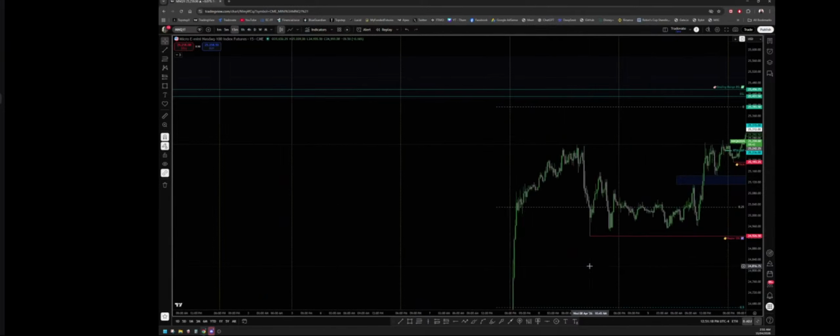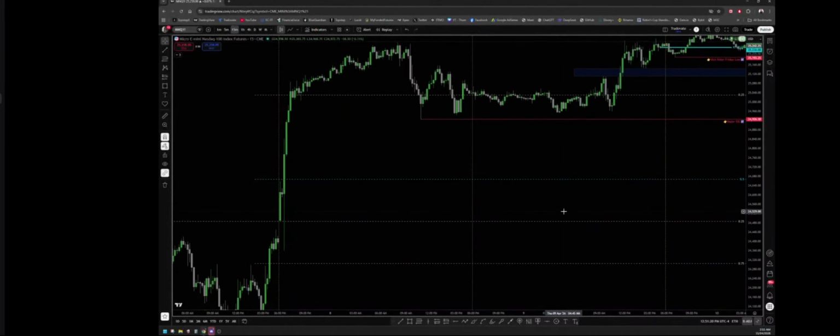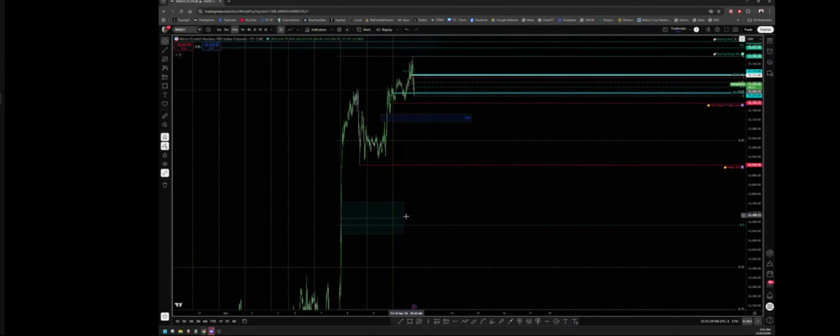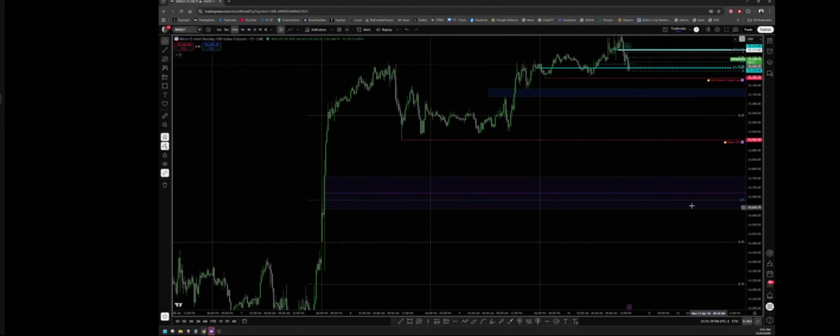And most importantly, keep this as the 15 minute gap. I will put it somewhere here since it's far. This is literally the last gap that can hold the price. You can keep your new day opening gap if you want.